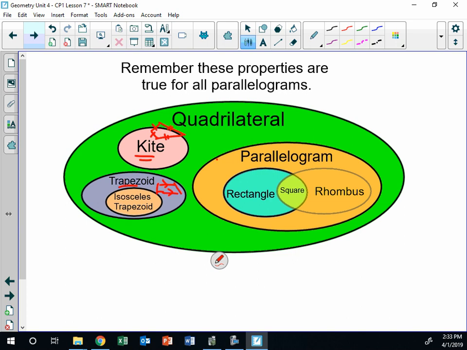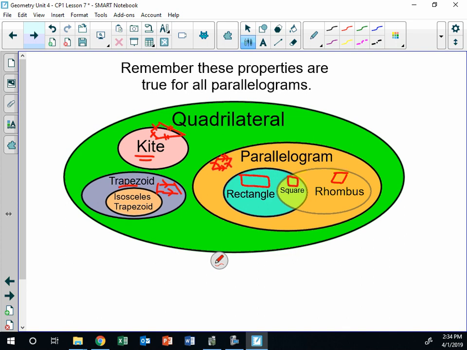And then we work into the parallelogram, two sets of parallel sides, a rectangle, two sets of parallel sides with 90-degree angles, a square, two sets of parallel sides, all sides are equal, all 90-degree angles, and then the rhombus, we have two sets of congruent sides that are parallel, but they are not 90-degree angles.